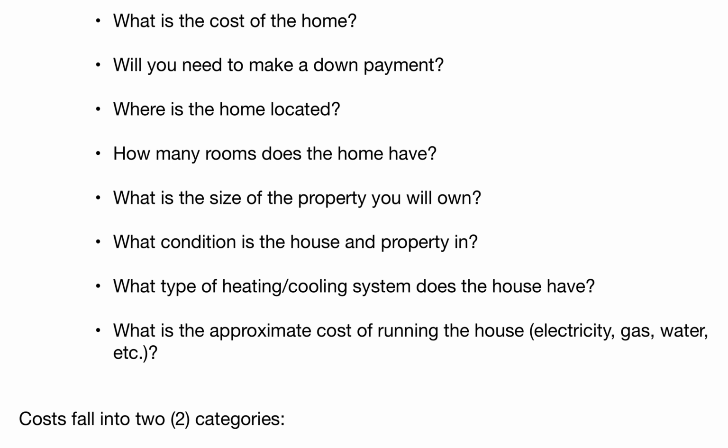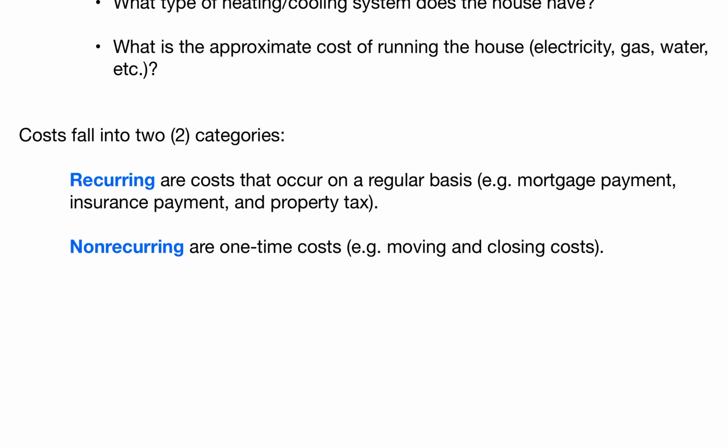Okay, now when it comes to costs, they fall into two main categories. One is called the recurring costs, and these are costs that occur on a regular basis. For example, your mortgage payment, you're going to have to do that every month. Your insurance payment, most likely every month, although that could be once a year. And then your property tax.